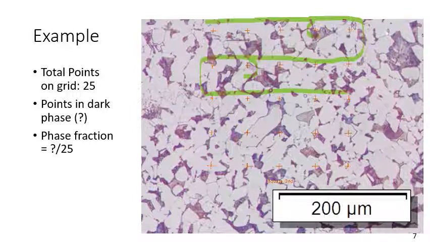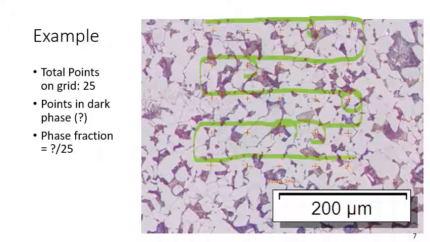I see dark phase here under the point. None. Here it looks partially under dark phase. Here again, partial. None, none, none there, none there. None there. Okay, so now I need to add these up. There's a partial right there, so that's half.